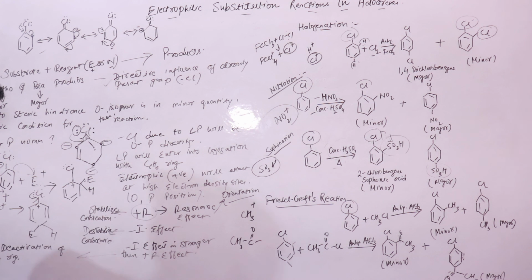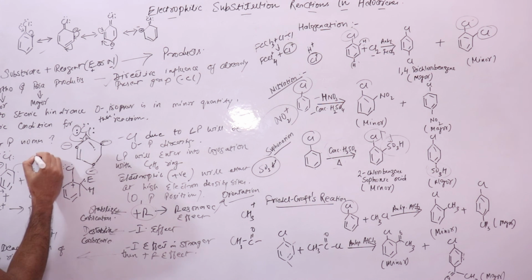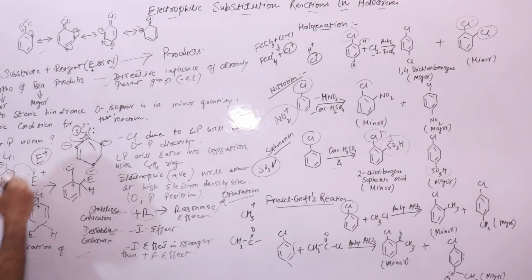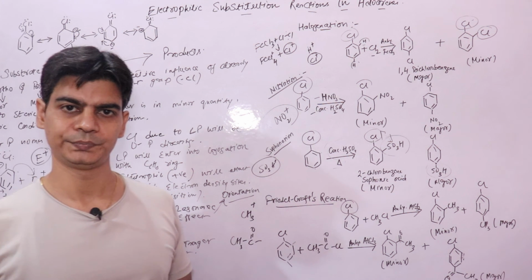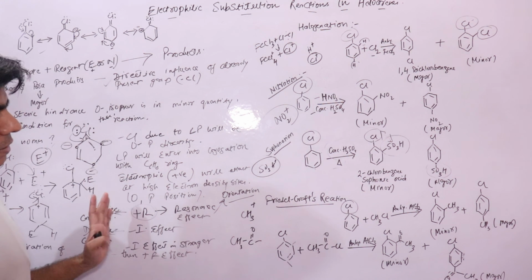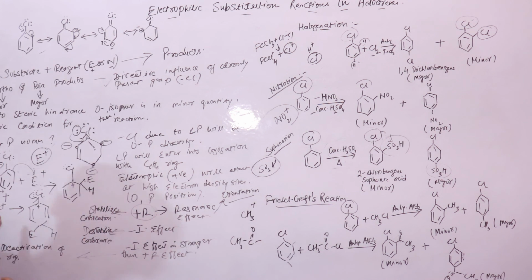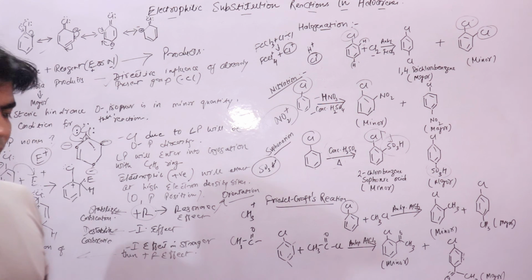When it lessens the negative charge on the benzene ring, the attack of these positive reagents, electrophiles, on the benzene ring will become difficult because of net deactivation due to minus I effect.